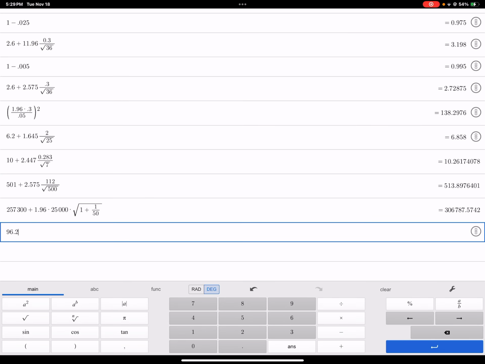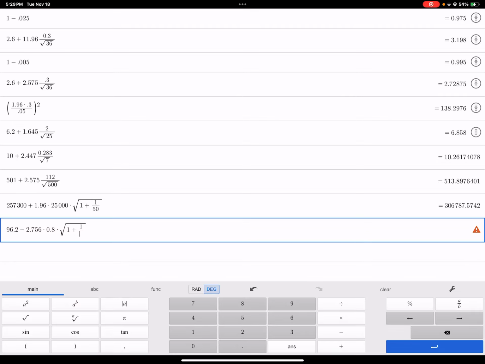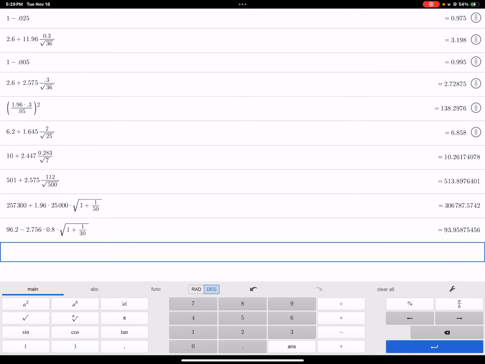Okay, so plugging all of this in: 96.2 minus, I'll do the lower bound first, 2.756 times our sample standard deviation times the square root of 1 plus 1 over 30. Lower bound, 93.959.